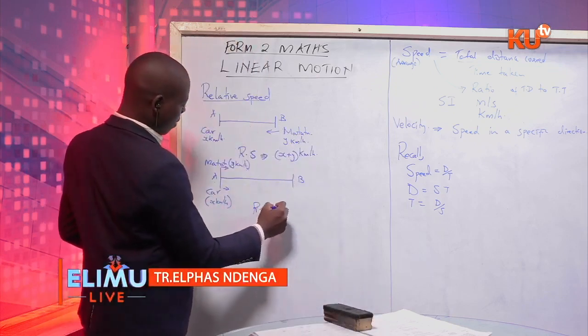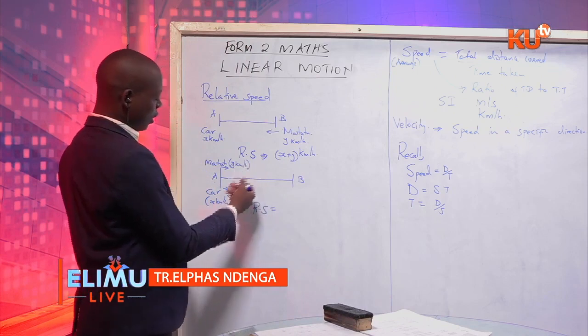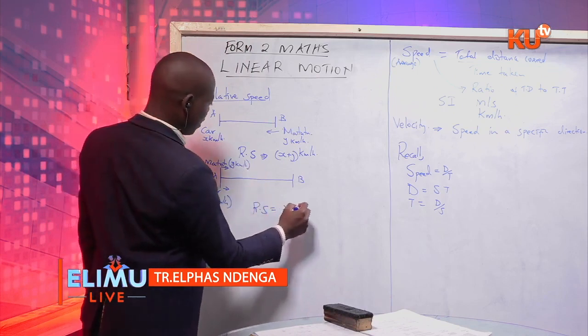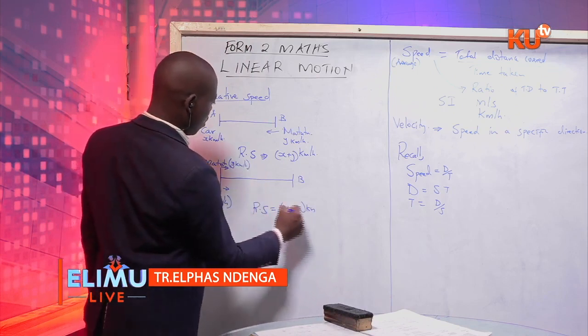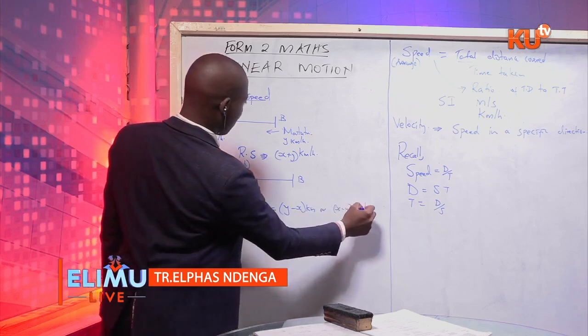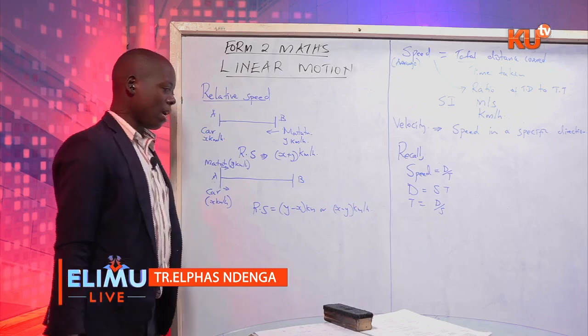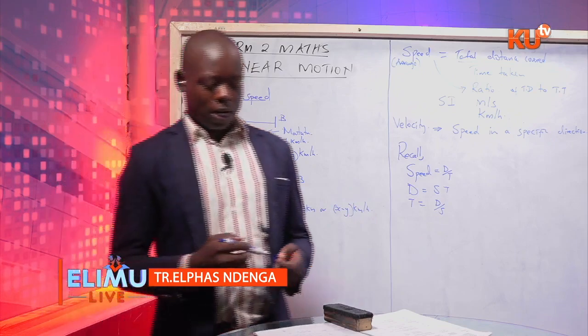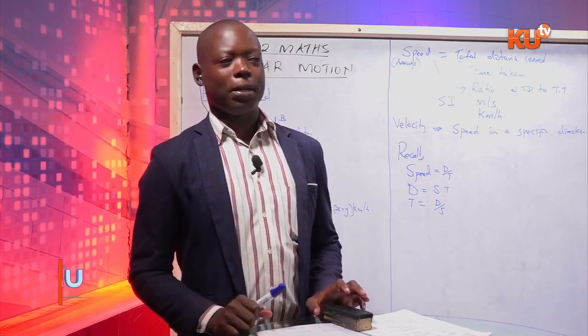So relative speed becomes either y minus x kilometers per hour, or x minus y kilometers per hour, depending on which one is higher than the other. That is what we call relative speed.